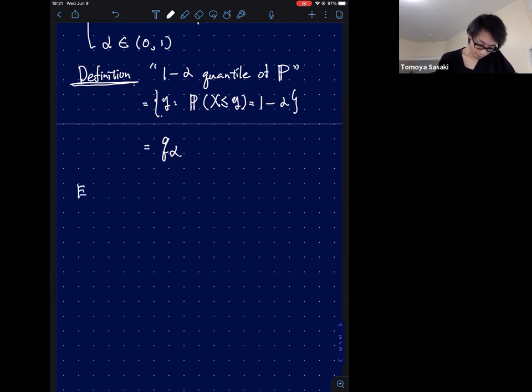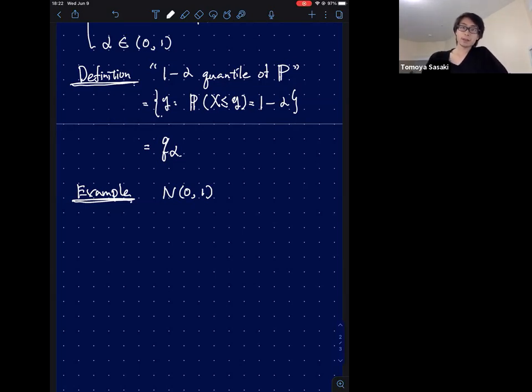Example. Let's say we're going back to our previous example, a continuous, normal distribution.